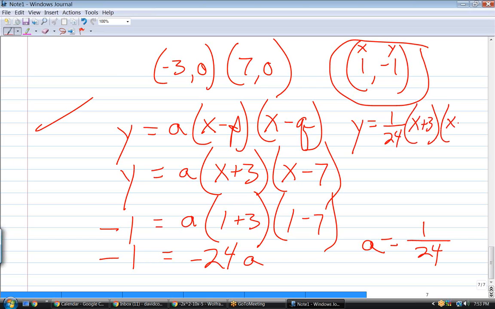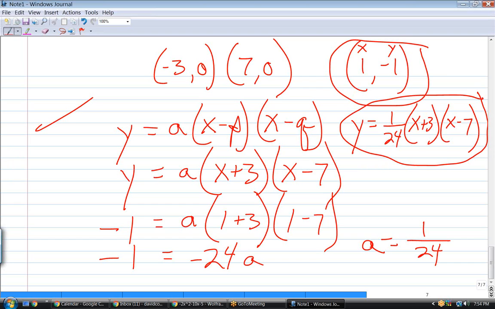In X-intercept format. Now, if they want that in any other format, we can just multiply it out. In other words, if they want it in standard format, FOIL those two binomials and multiply the whole thing by 1/24, and you'll have it in standard format. Okay.